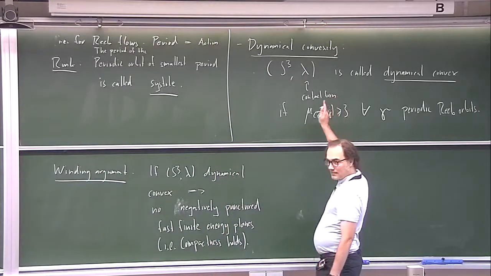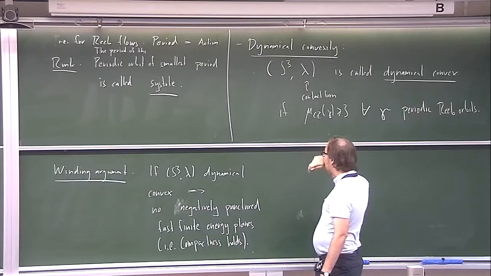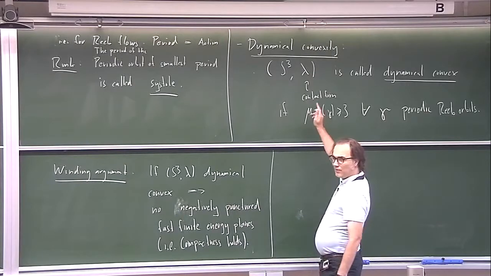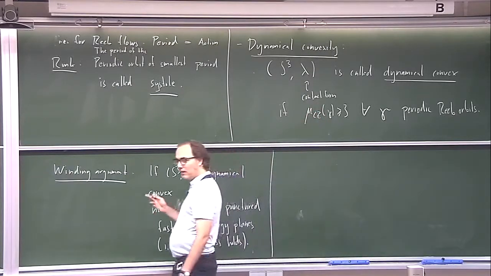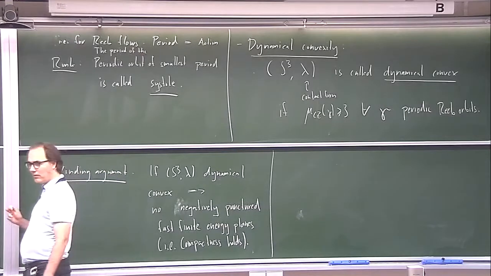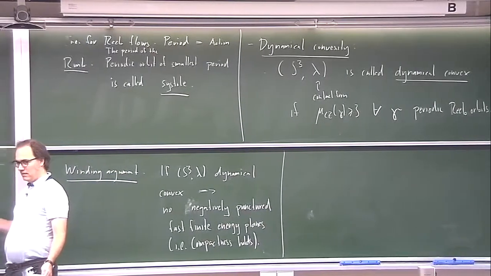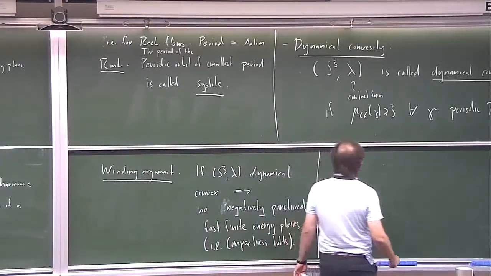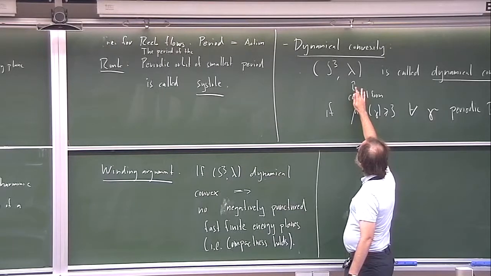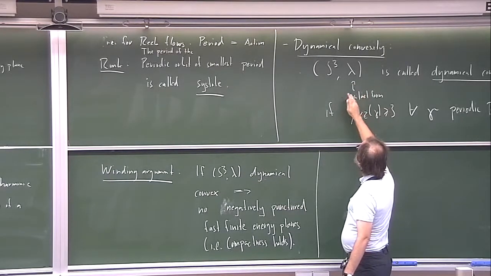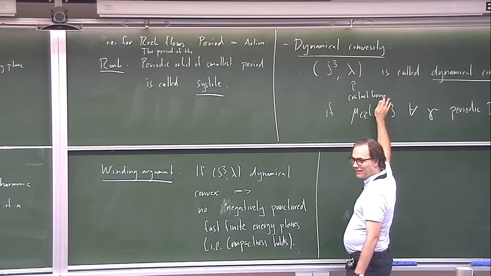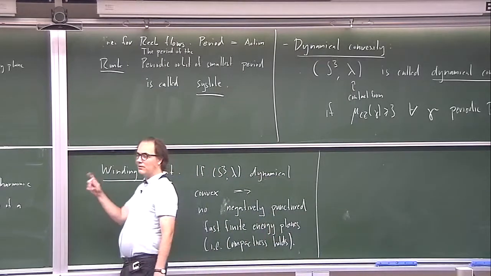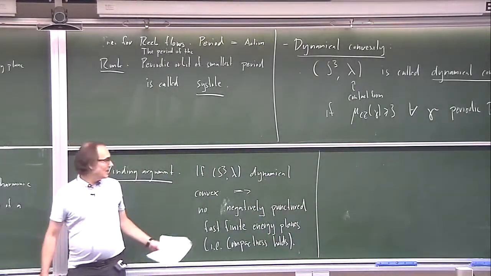Let me make some remarks concerning this dynamical convexity. If you are working in contact topology, then probably you have heard about the notions of over-twisted and tight. If you're over-twisted, you're never dynamically convex, because if you have an over-twisted disk, you can produce a periodic orbit of Conley-Zehnder index 2.